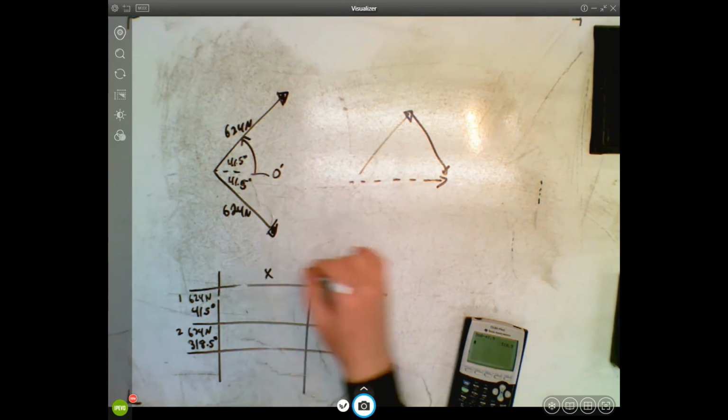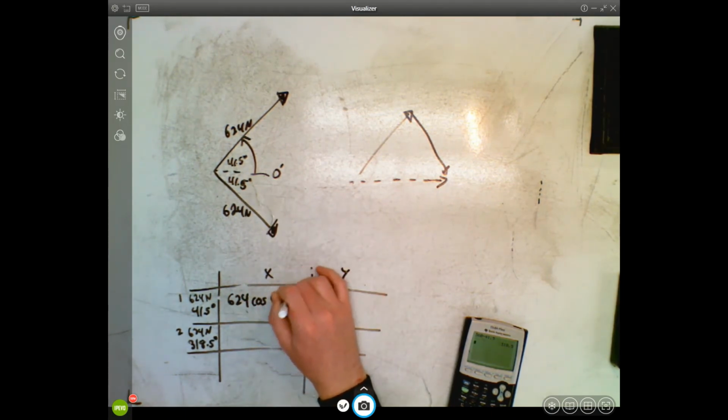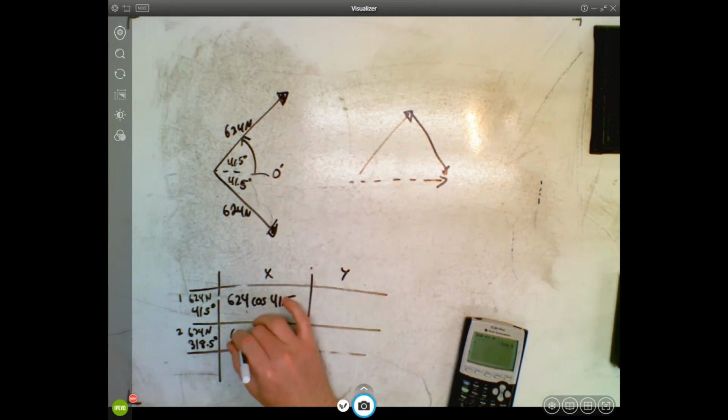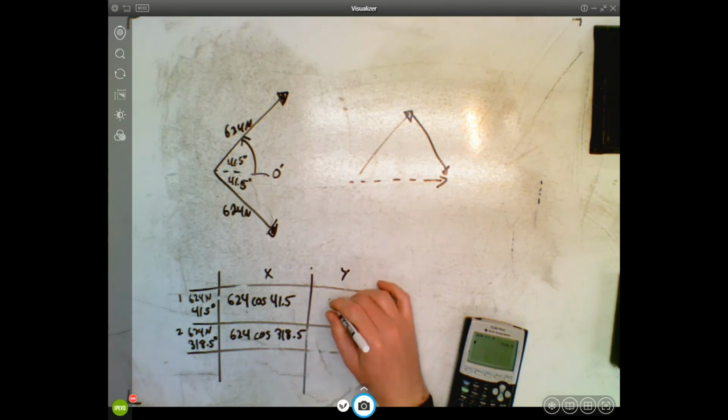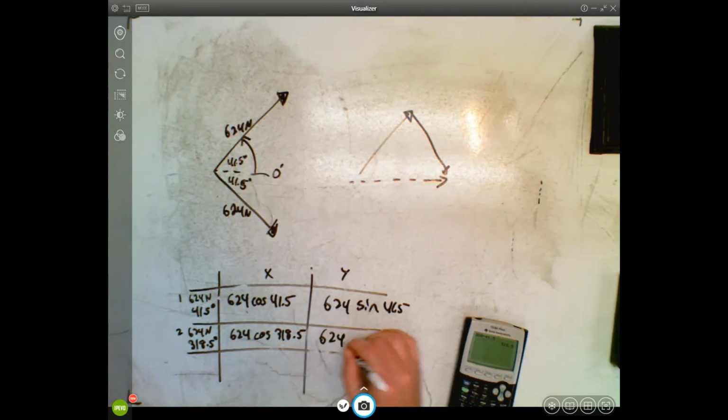This is my x, this is my y. So I go magnitude cos 41.5, magnitude cos 318.5, magnitude sine of 41.5, magnitude sine of 318.5.